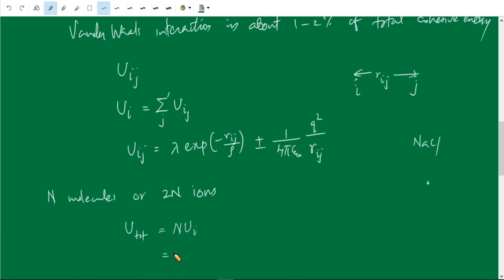This is n times the sum of Uij. Uij has two terms. The first is the repulsive term, which is effective only among the nearest neighbors.